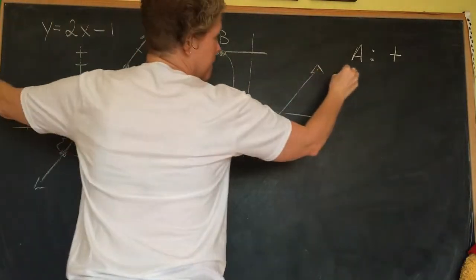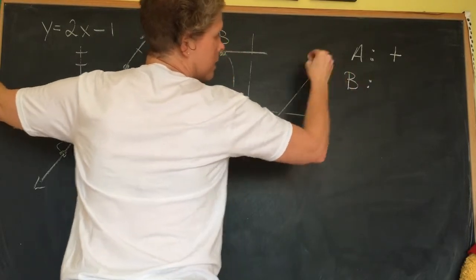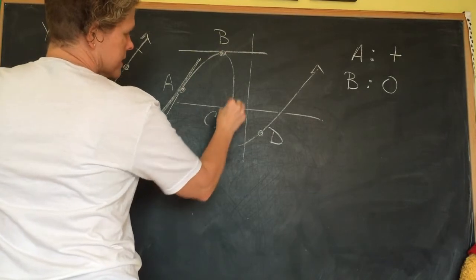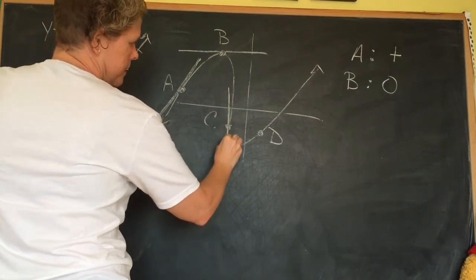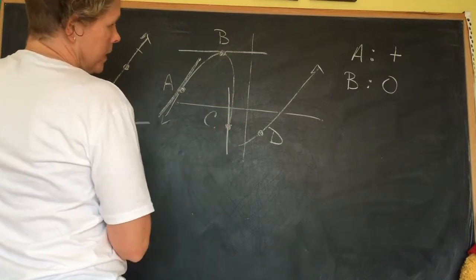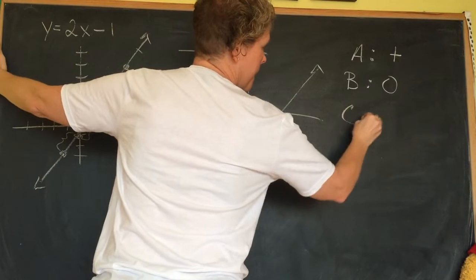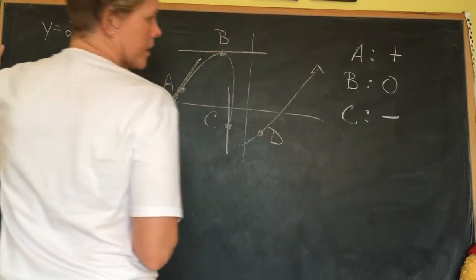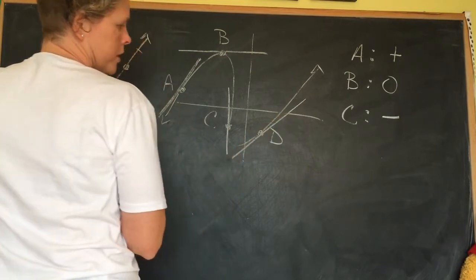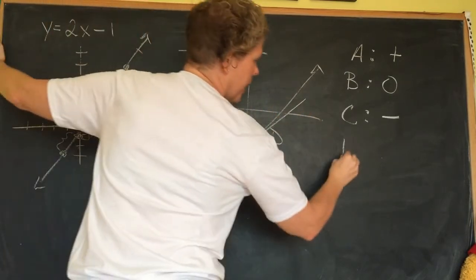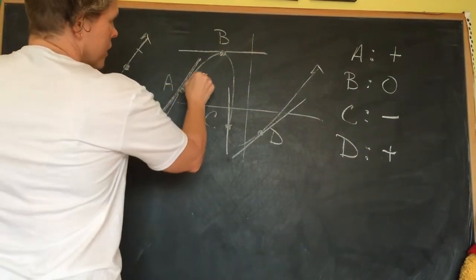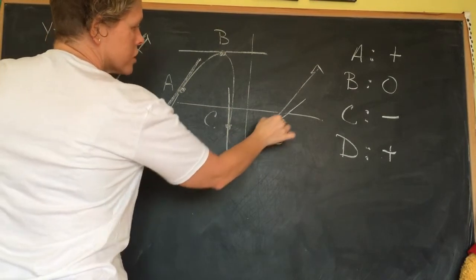So my slope at B would be the slope of a horizontal line, which would be 0. If I look at C, I've got a very steep tangent line, but either way, it's still going to be a negative slope. And then at D, if I drew a tangent line in, I'm going to have a positive slope. So anywhere along the curve could have different slopes.